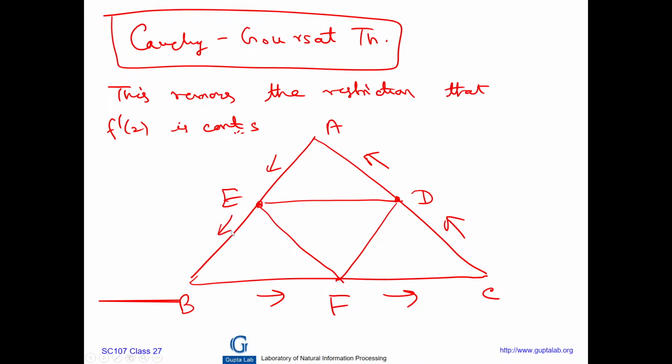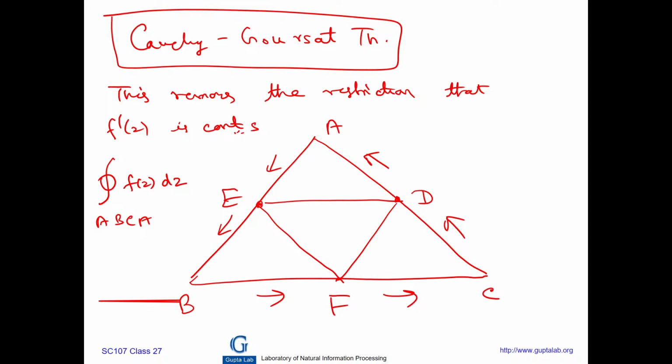So what I am going to do actually is look at this value, integration A, B, C, A, f of z, dz. This is our bigger triangle. Our simple closed curve is this bigger triangle, A, B, C, A, right?